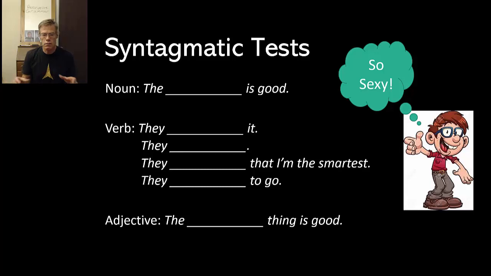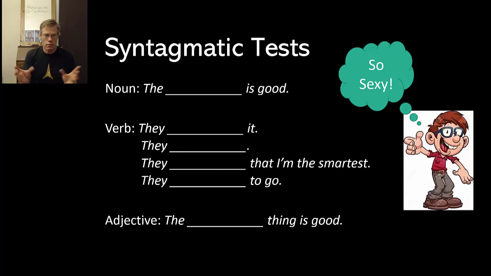It could also be a verb that introduces a subordinate clause, like they believe that I'm the smartest. They wish that I'm the smart. I guess that doesn't work so well. They wish that I were the smartest would work better. They hope that I'm the smartest. That works well. And then you've got verbs that take another verb after them, like they want to go, they tried to go, they hoped to go.